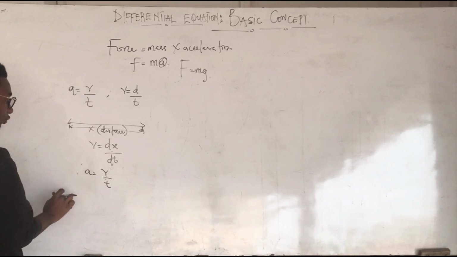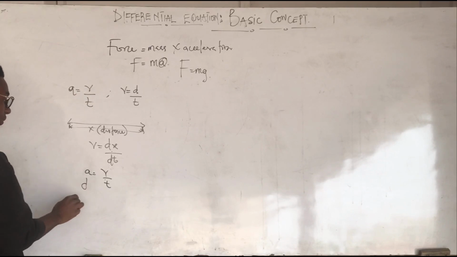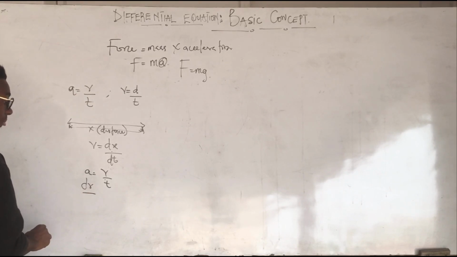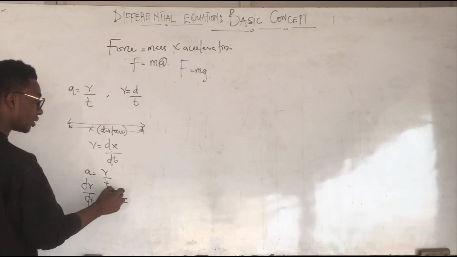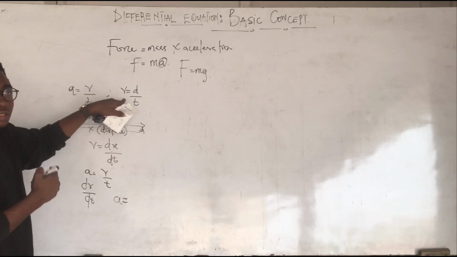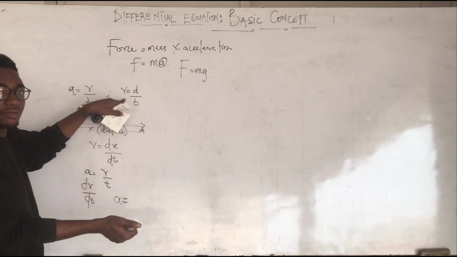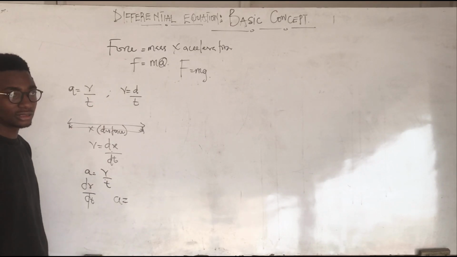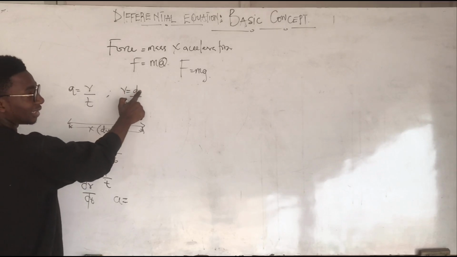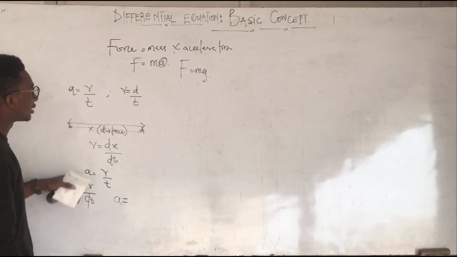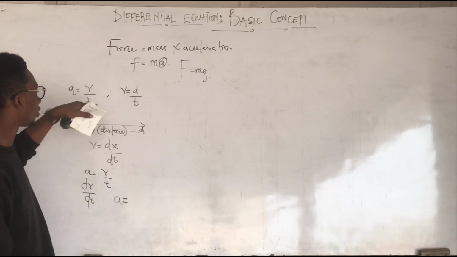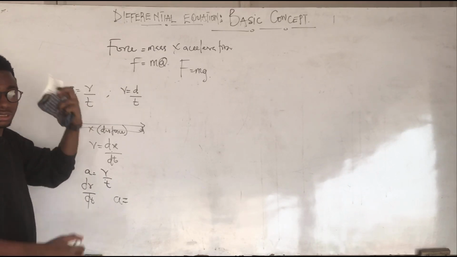When you differentiate acceleration, you get a double derivative, that is a higher derivative of the velocity. So if you differentiate distance, you get velocity. If you differentiate the velocity again, you get acceleration. So it is a higher derivative.